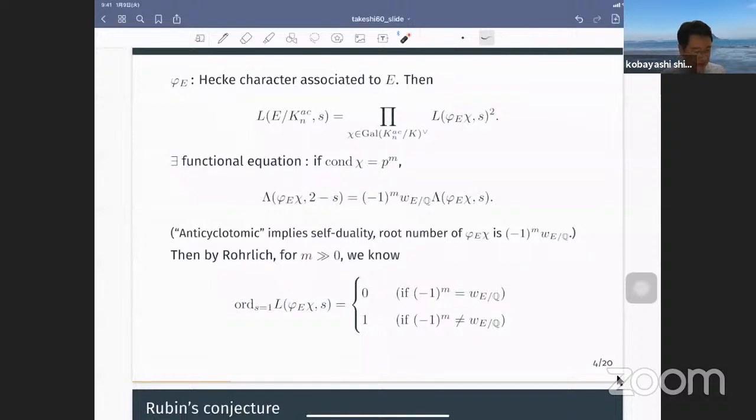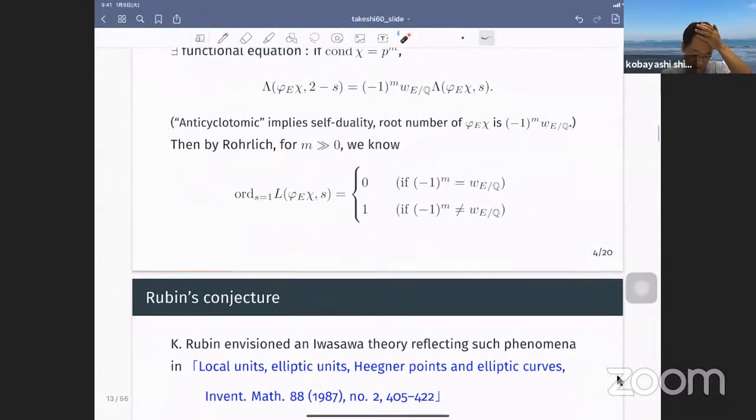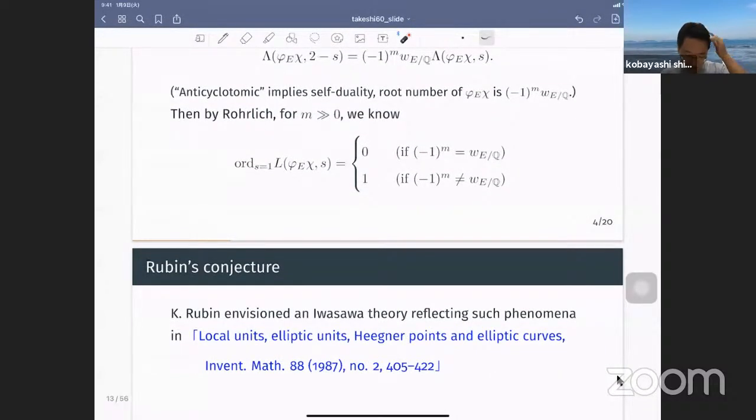So this is a really interesting phenomenon, I think. And Rubin envisioned Iwasawa theory reflecting such phenomena in this paper. Iwasawa theory of elliptic curves at the ordinary primes, or equivalently at split primes, is well developed.